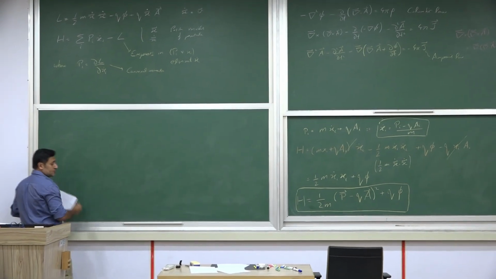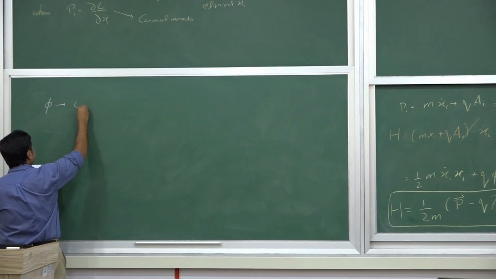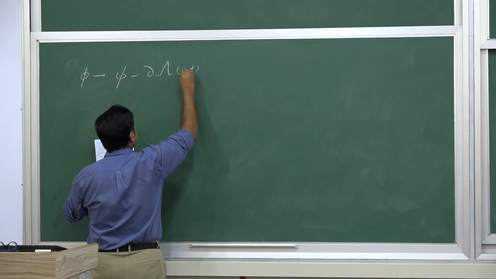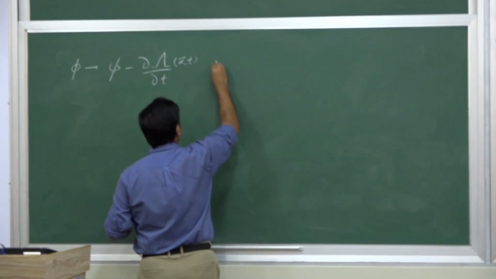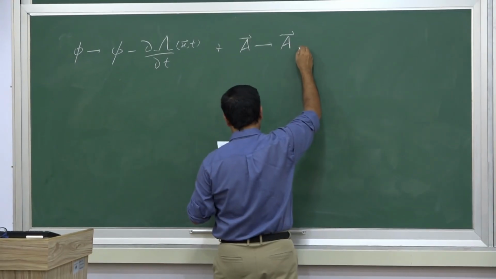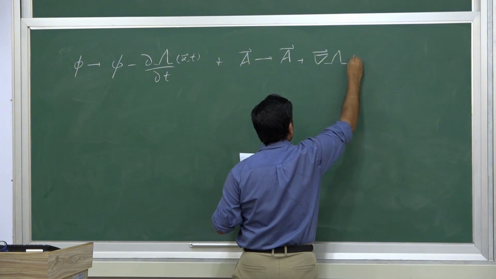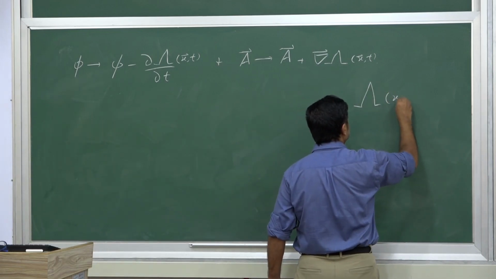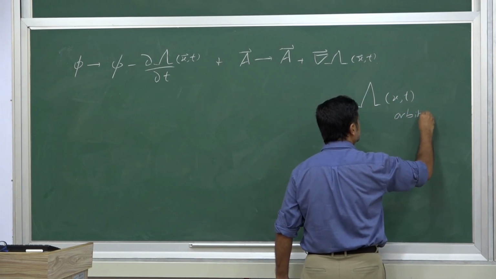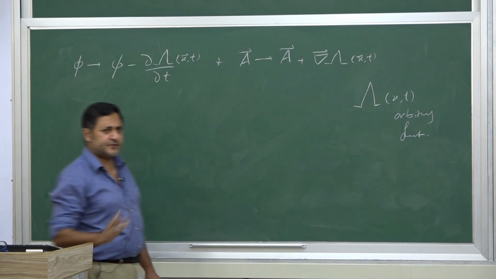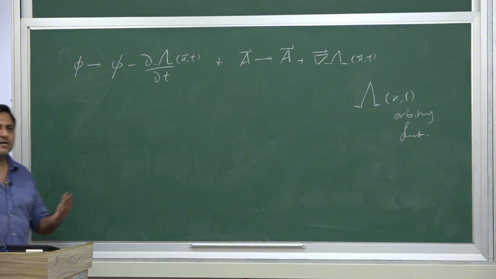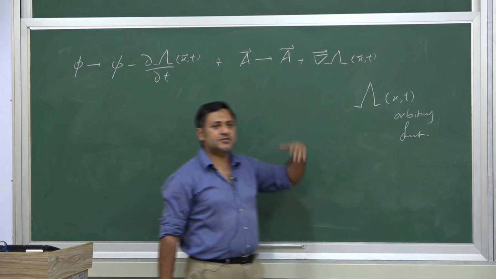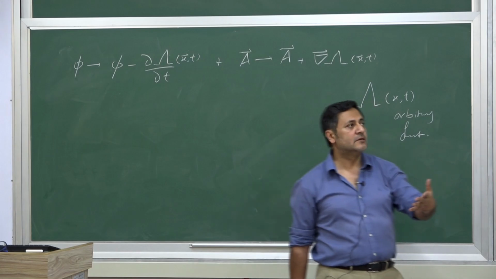The issue is the following. Notice this thing. If I change phi, so I took an arbitrary function of space-time, a completely arbitrary function, and suppose to get a certain electric and magnetic field I solved and I found the potentials phi and A, and I said these potentials will give me my electric and magnetic field through those formulas.